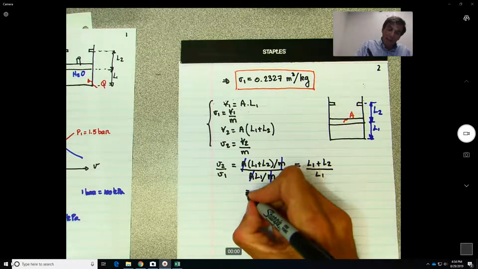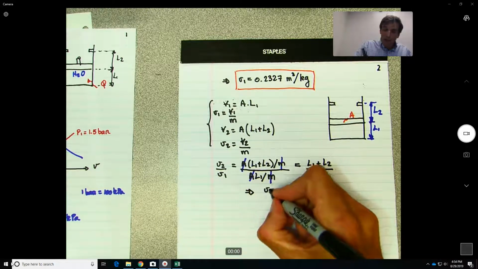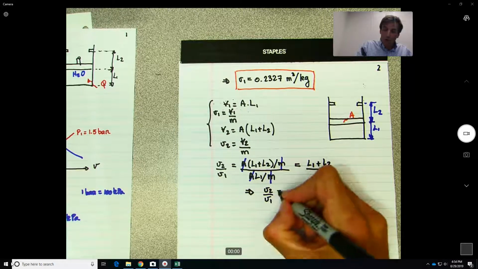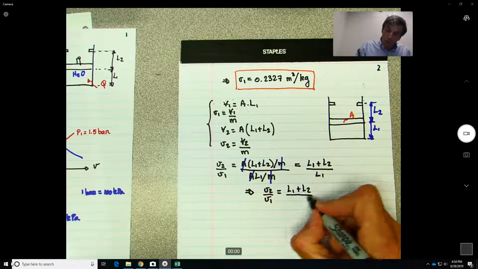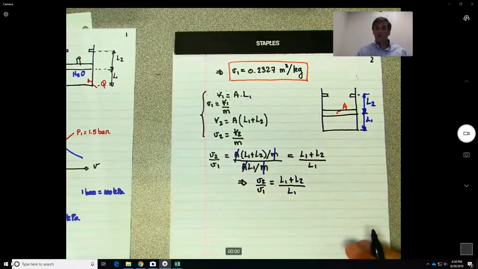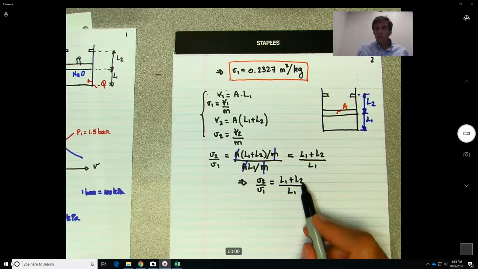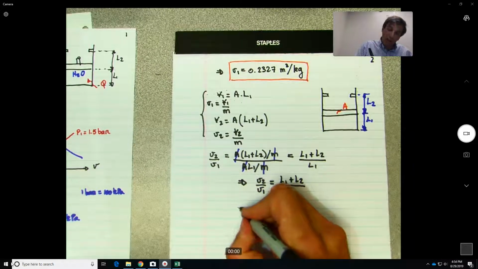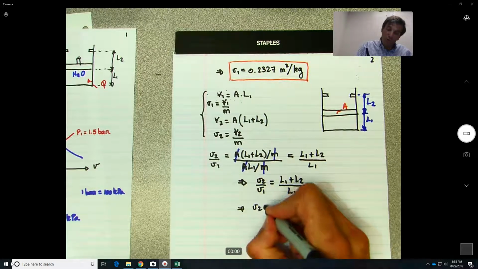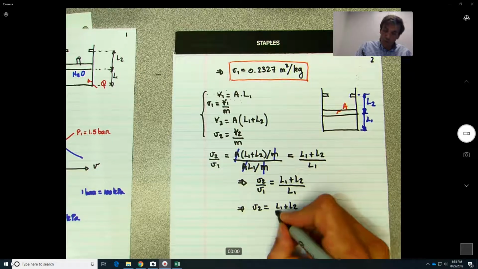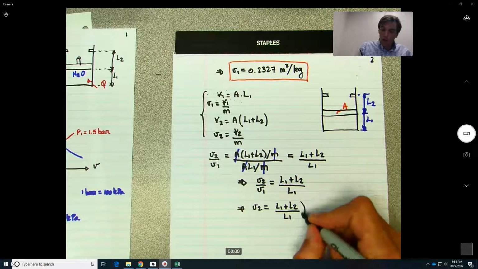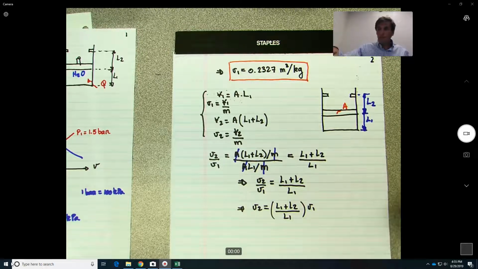At the end, we are left with V2 over V1 equal to L1 plus L2 over L1. We know L1, we know L2, we know V1. So V2 will be equal to L1 plus L2 over L1 times V1.